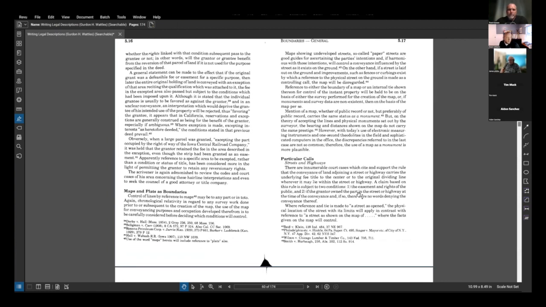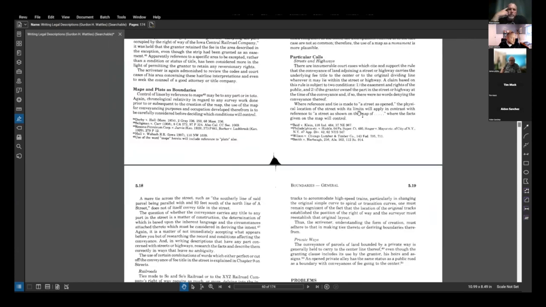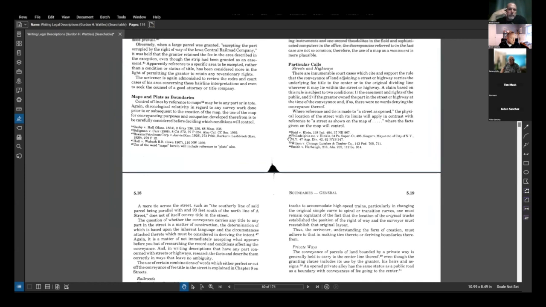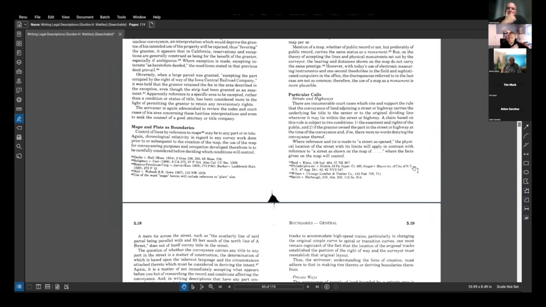Okay, the next one I want to get into quite a bit more is kind of what my example was, because it was tied to maps or plats and particular calls, and these are the easier ones to hopefully retrace and survey from. So maps and plats as boundaries, particular calls, streets and highways, and we've had a couple discussions in these classes about streets and highways and how do we survey those?